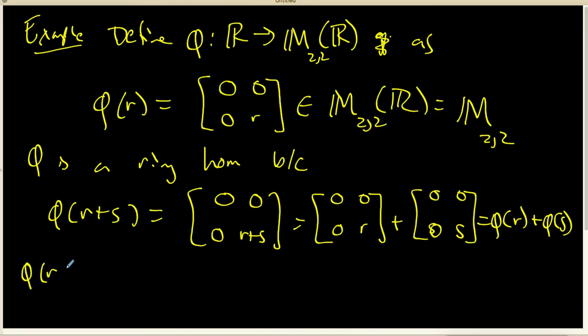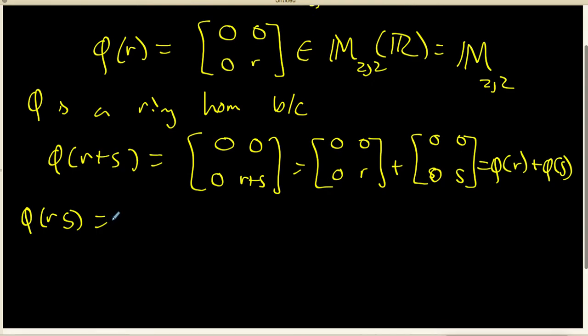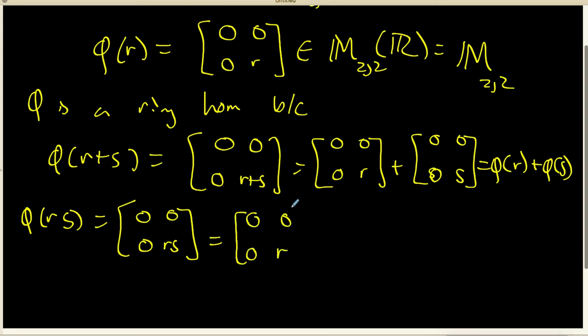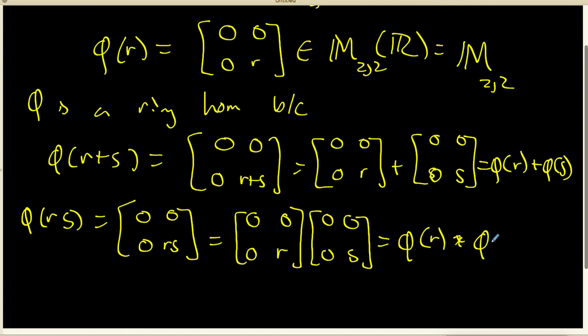We also have that phi preserves multiplication in very much the same way. Phi of rs would be the matrix 0, 0, 0, rs, and if you break that down, you can show that that matrix is the product of 0, 0, 0, r and 0, 0, 0, s. And that would be phi of r times phi of s. So this lets me know that phi is a ring homomorphism.